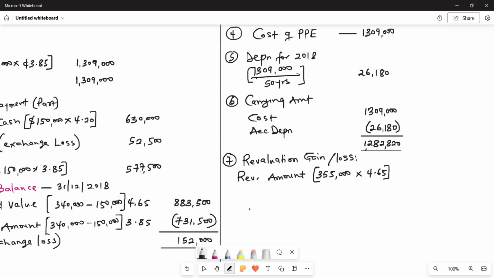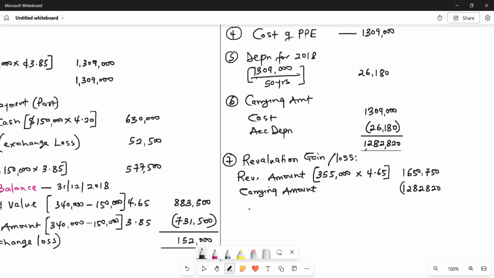How much are we getting? 1,650,750. Then the carrying amount is 1,282,820.